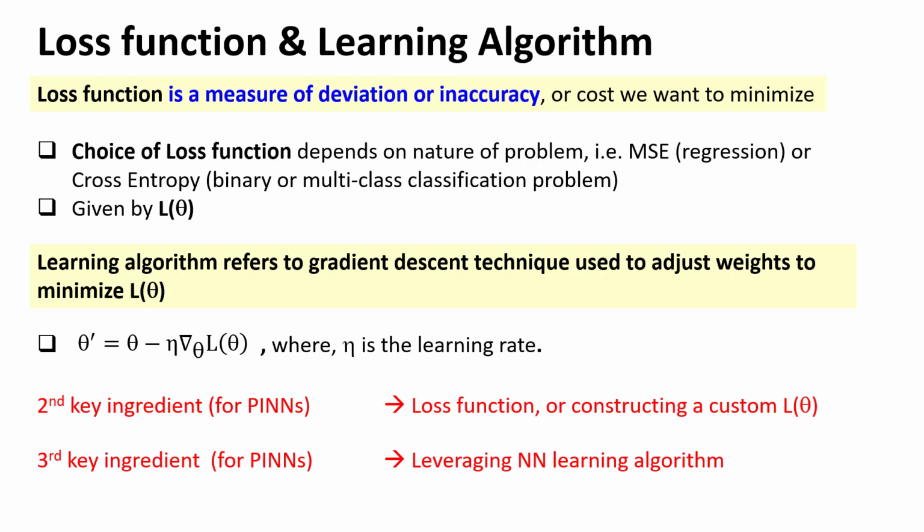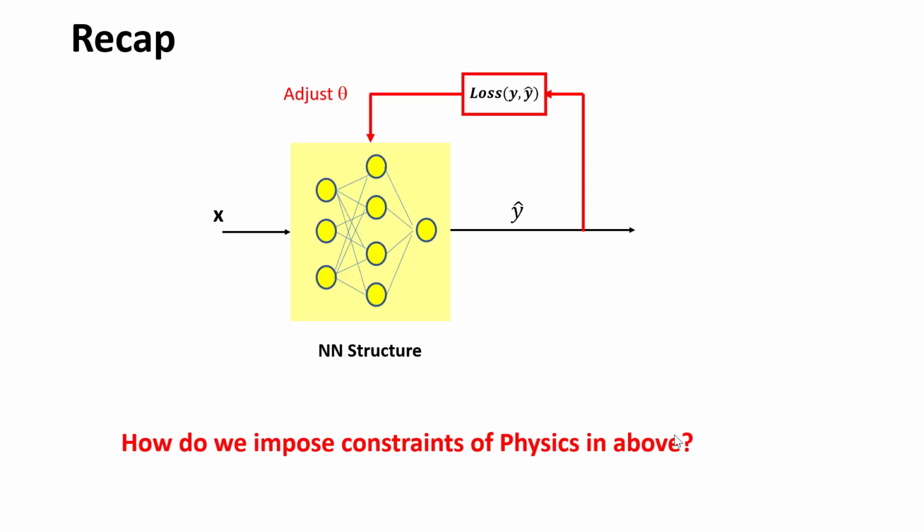And how that is done is something we're going to look at. But let's just quickly recap. So we have an input X that generates output Y hat. We compute a loss function with respect to the actual target variable, and adjust theta so that Y hat is as close as can be to Y.